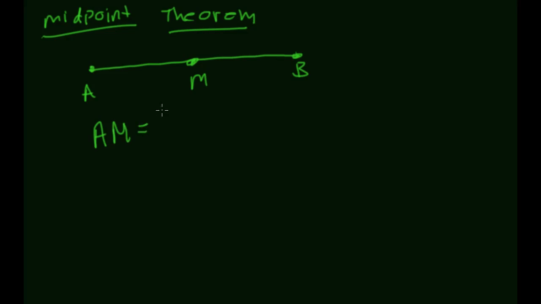AM has to be half of AB. So this is half of the whole. And MB is also half of AB. That's provided that M is the midpoint. All right, so we're actually going to try to prove this theorem.